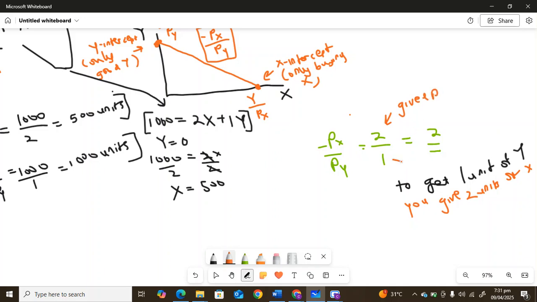The denominator represents what you gain. Any questions, colleagues?